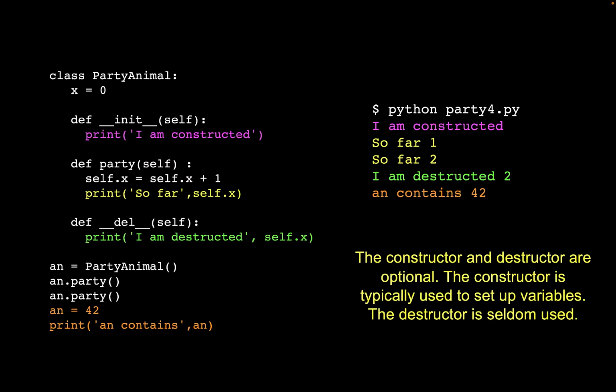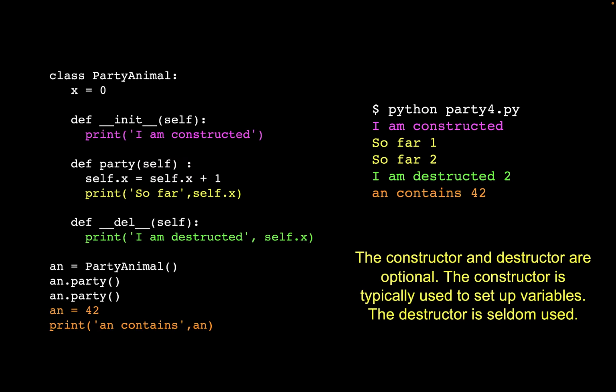Does it have a del? Yes, it has a del. Call del. Then we get the message, I am destructed too. And then it gets rid of the space so we can reclaim the space in the memory. And then when we print and it contains n, we're referring to this 42 integer object.